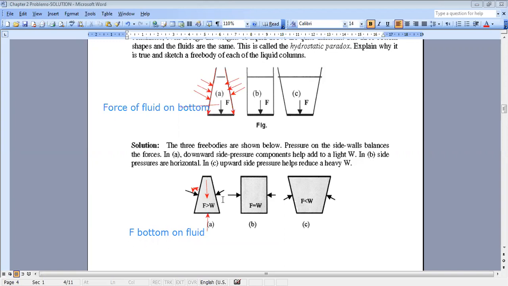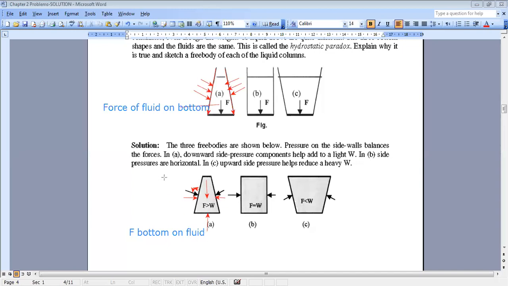Now we can compare F and W because we know that our fluid is static. So the sum of forces is 0. If you look at the horizontal components, I don't have any problem because F and W do not have horizontal components. We only have these two, and these two will cancel out in the horizontal direction. So I only care about the vertical direction.